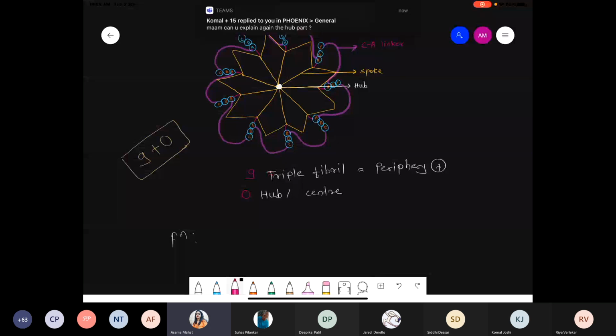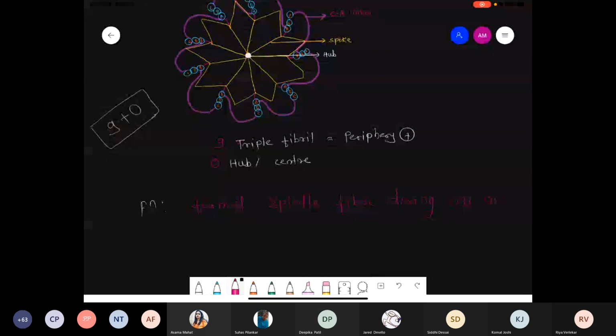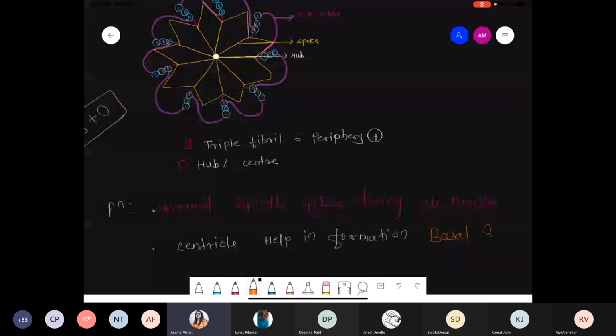We will see this part ahead. And the other important function: the typical centriole helps in the formation of basal bodies. Please remember, basal bodies.